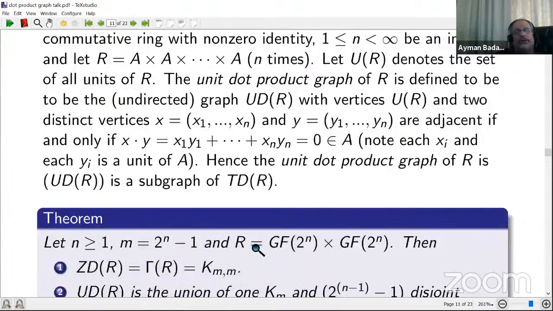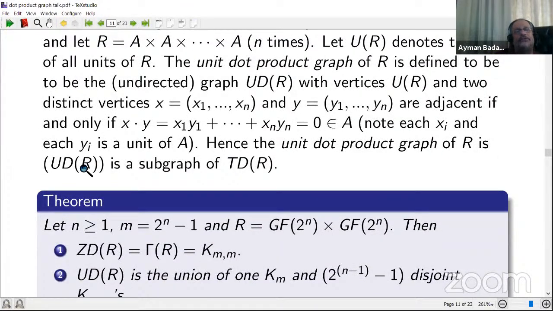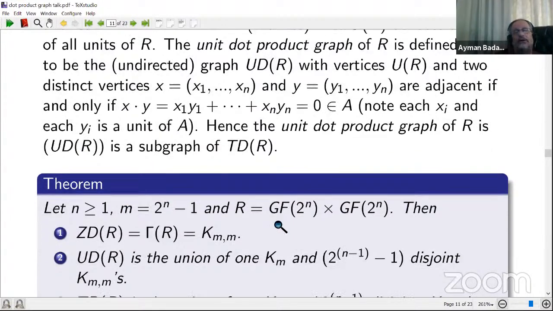So what are the properties of this unit dot product? My student studied that for finite fields. Suppose you start with M equal to 2 to the n minus 1, and your ring is a finite field with 2 to the n elements.